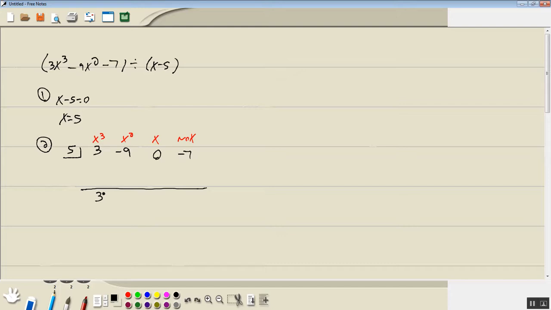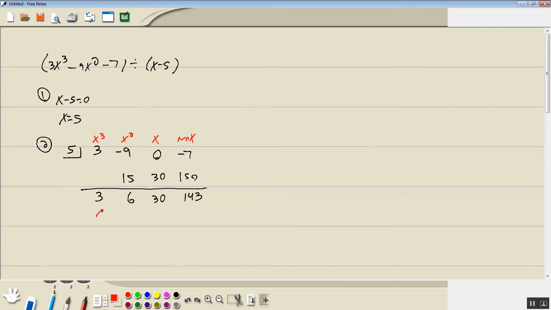So add, 3 plus nothing is 3, multiply, 5 times 3 is 15, add, negative 9 plus 15 is 6, multiply, 5 times 6 is 30, add, 0 plus 30 is 30, 5 times 30 is 150, and that gives us 143. Okay.